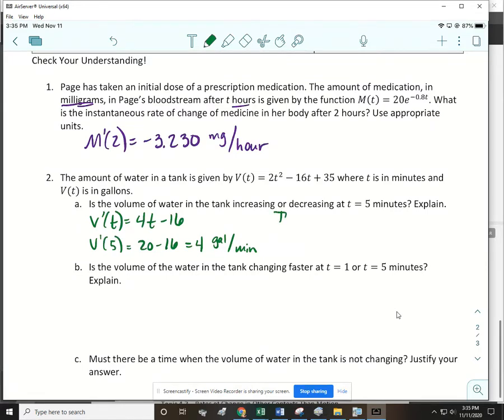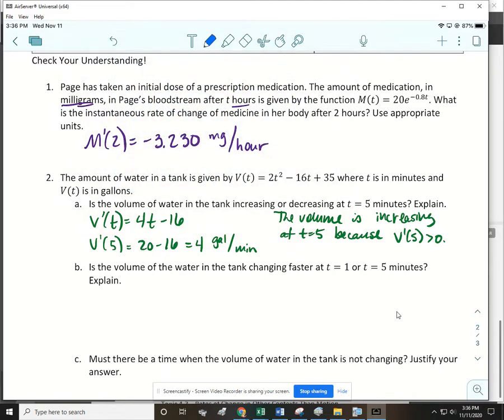So we would say that the volume is increasing at t equals 5 because V prime of 5 is greater than 0. That is a perfect explanation right there, perfectly fine.